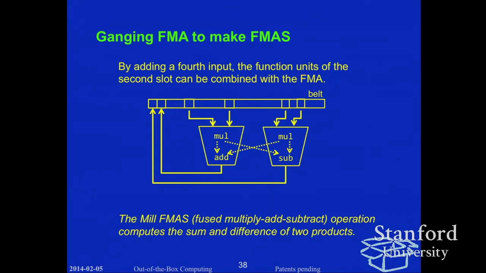Mill is very good at multiple results because of the belt structure. Sometimes you only want one and you ignore the second, or you sometimes want both; for many kinds of floating point computations, it happens to like having both of those.